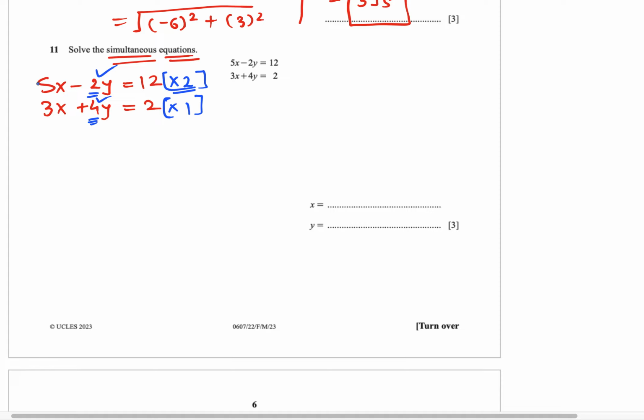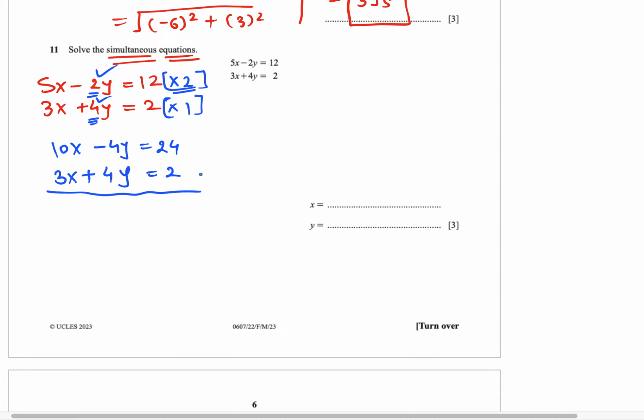So after multiplication, this equation will become 10x minus 4y is equal to 24. And this equation will stay as it is because it's getting multiplied with 1 only, and this is 2.